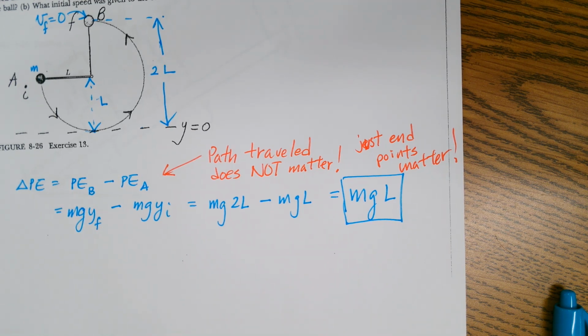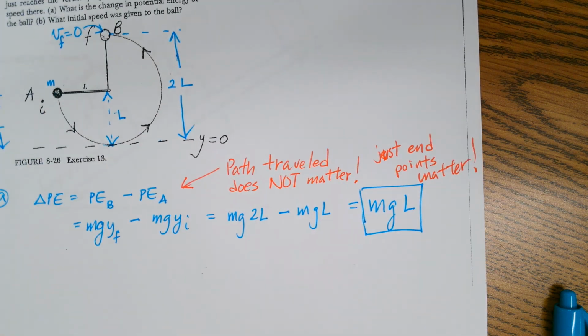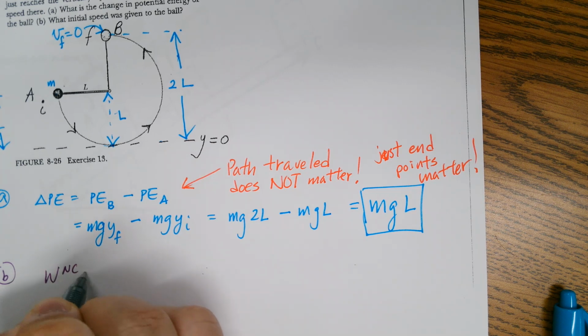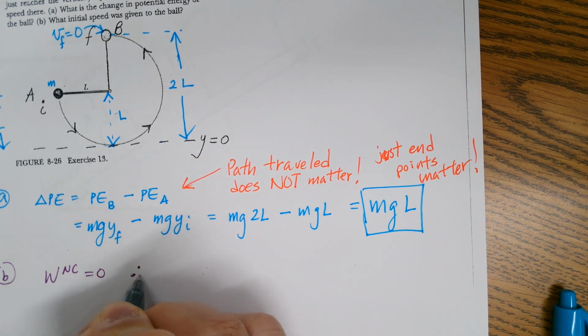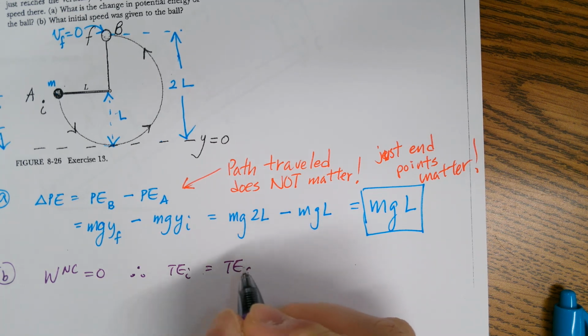Now, what about part B? What is the initial speed given so that it reaches up to there? Well, again, if there's no work done by friction, so work done by non-conservative force is zero, therefore the total energy initial is equal to total energy final.